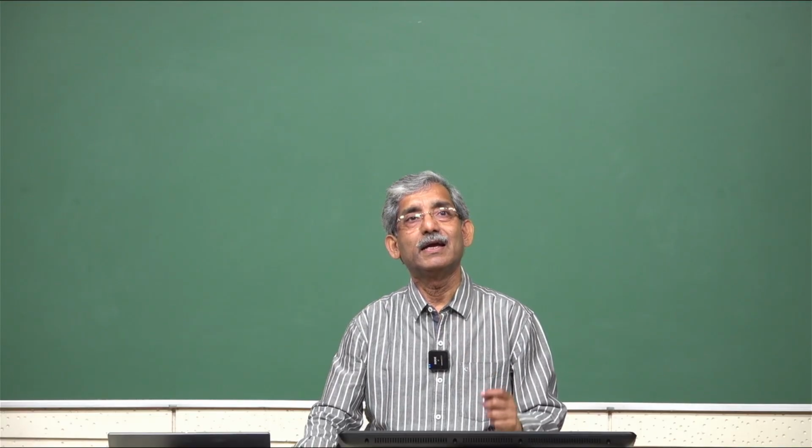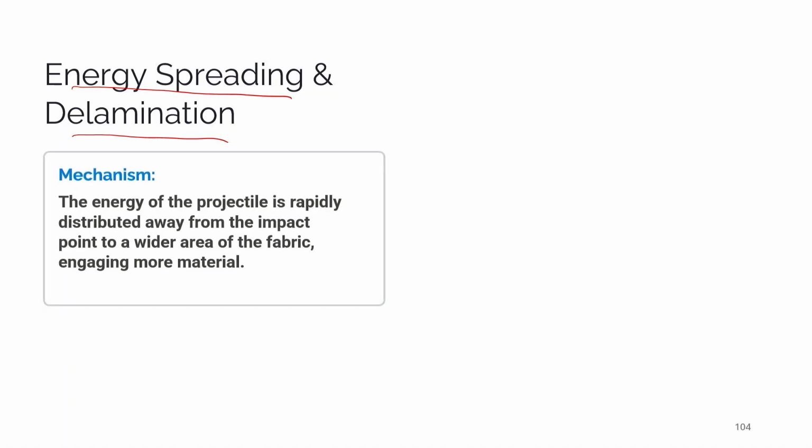Then, energy spreading by delamination. This is the next stage, how the energy gets spread. The energy of the projectile is rapidly distributed away from the impact zone to a wider area of the fabric, engaging more material.